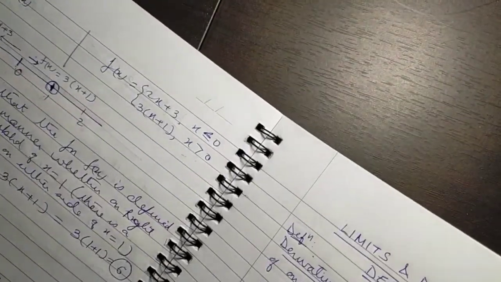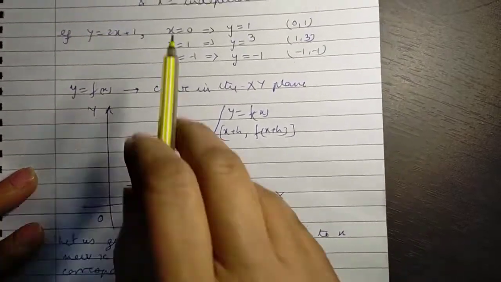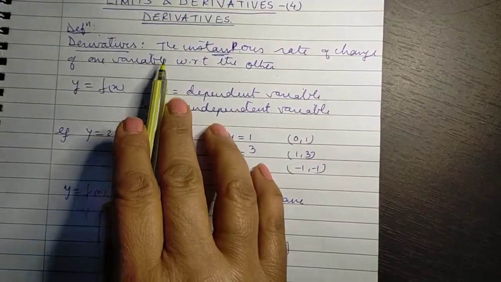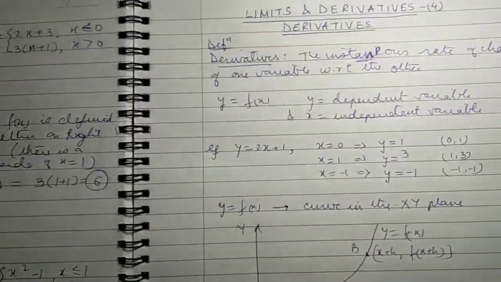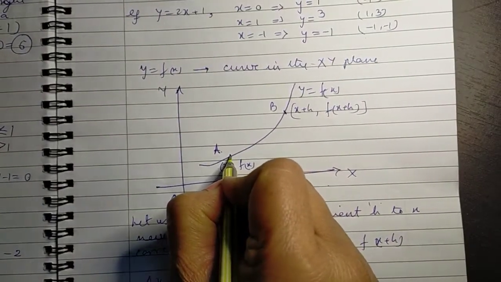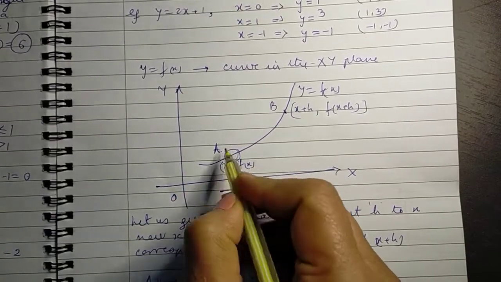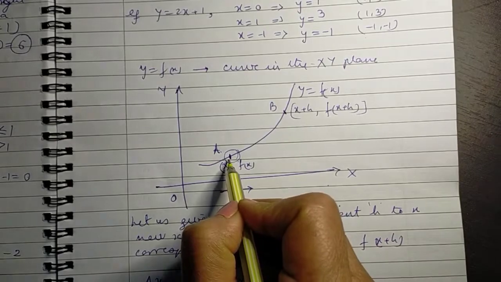Now the derivative is not only the rate of change, but it is also the instantaneous rate of change. So by instantaneous we mean at that very instant, meaning in the extreme close neighborhood of A, what is the change in y with respect to the change in x?